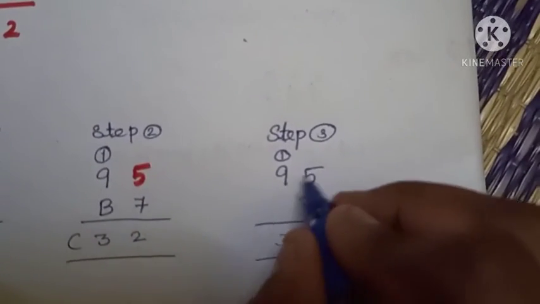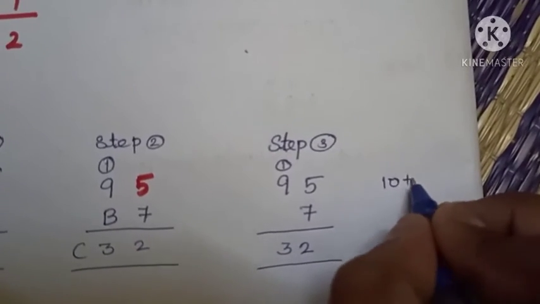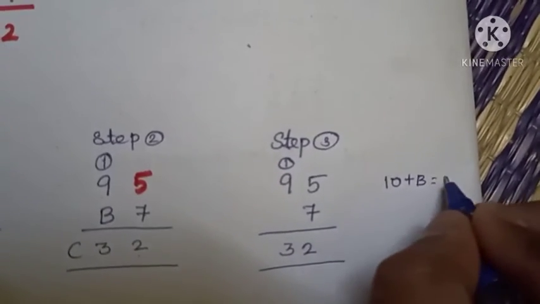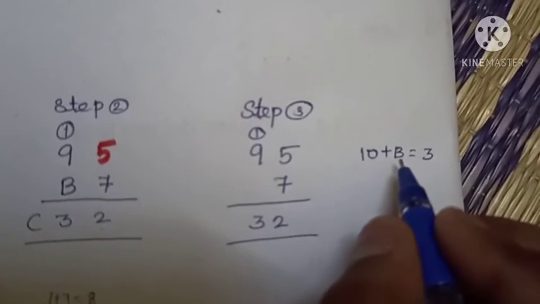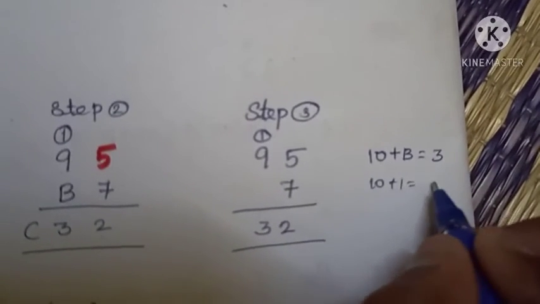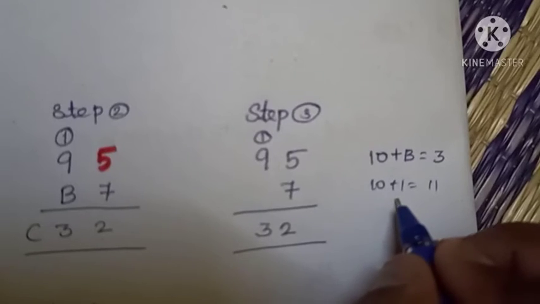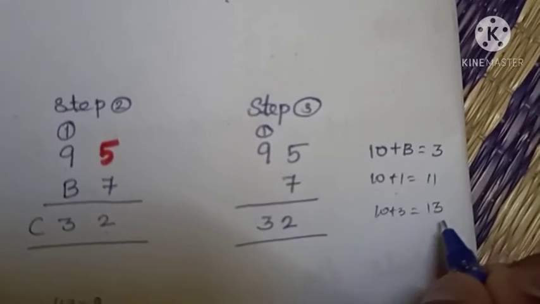So what you need to get: 9 plus 1 is 10, plus B, you need to get 3. So you can see 10 plus 1 is equal to 11, 10 plus 2 is 12, 10 plus 3 is equal to 13.